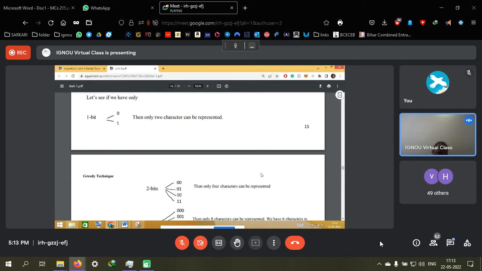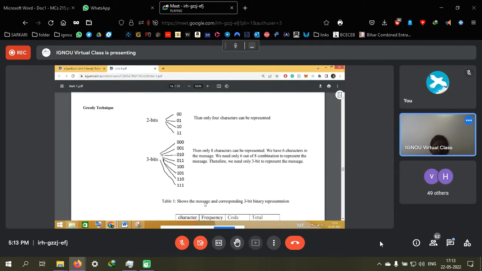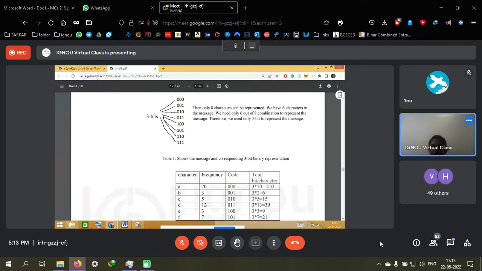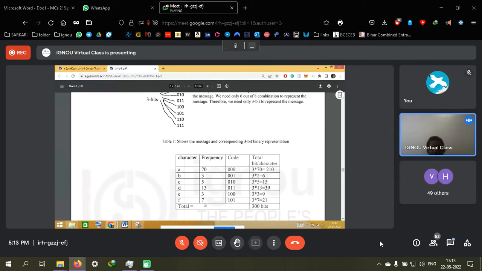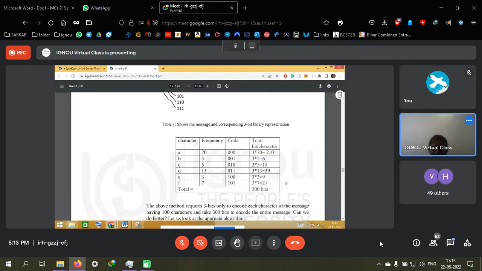For example, 1 bit contains 2 characters, that is 1 and 0. 2 bits contain 4 characters, that is 00, 01, 10, 11. 3 bits contain 8 characters, that is 000 and so on. According to that, for the character A, the frequency will be given by the question in your question paper. So here is your frequency, you will know the code, and multiplying both, you will get the total bits for the character.